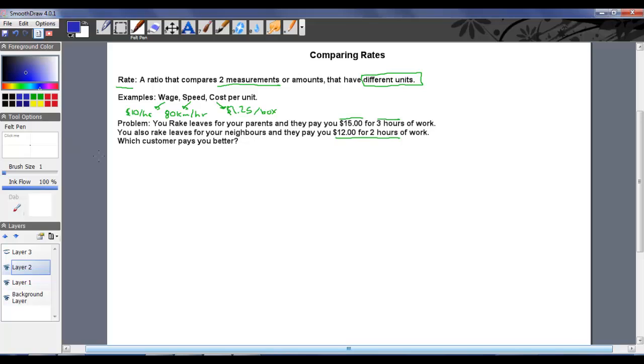So let's start by writing out our steps. Our first step is to write down the rates.